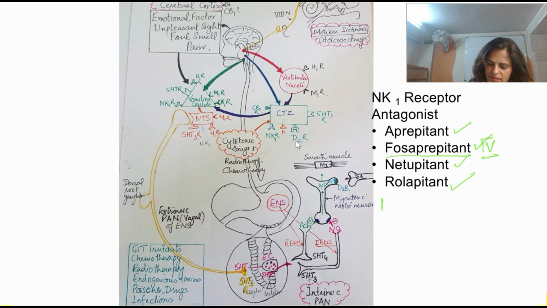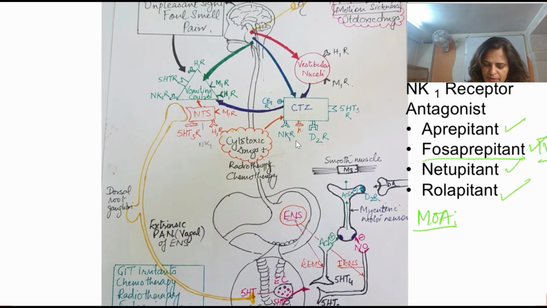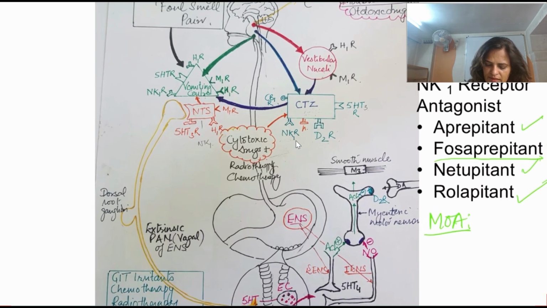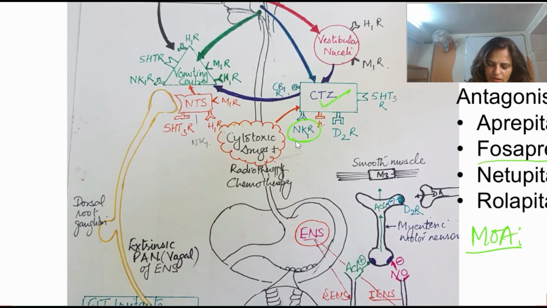Now what is the mechanism of action of this group of drugs? Due to emetogenic chemotherapy, substance P is released, and it acts on the neurokinin receptors present on the CTZ and on the nucleus tractus solitarius.